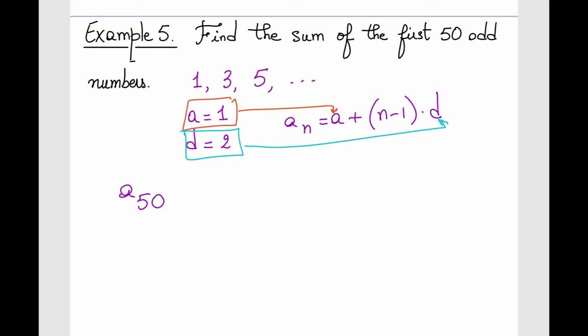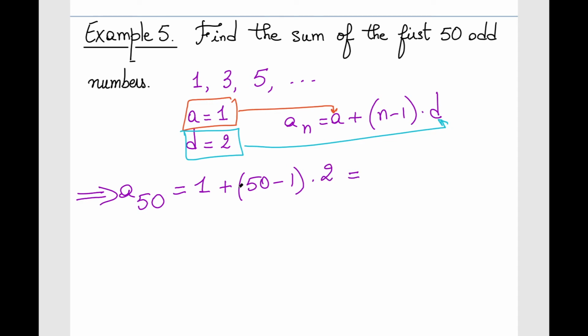What's a 50 then? Well, a 50 is going to be a, which is 1. So this is implied by the discussion above. So a 50 is a, which is 1, plus n minus 1. If n is 50, that's going to be 50 minus 1 times d. And how much is d in our context? Is the common difference, which is 2.